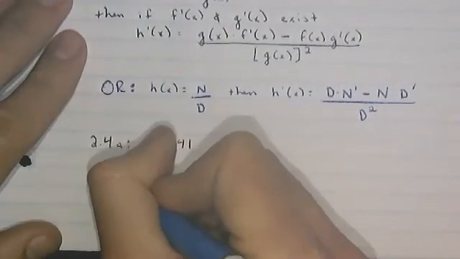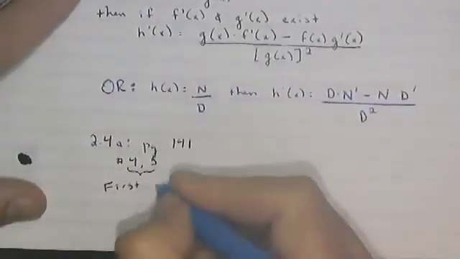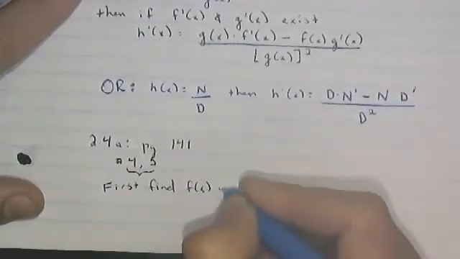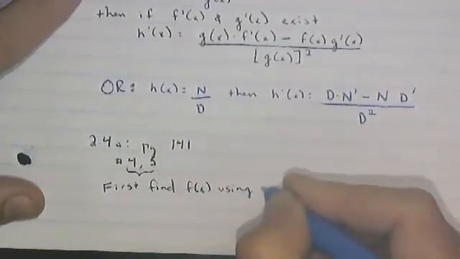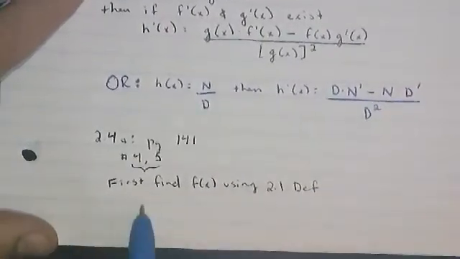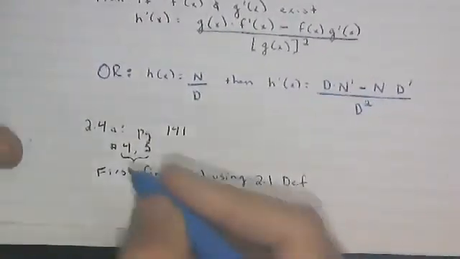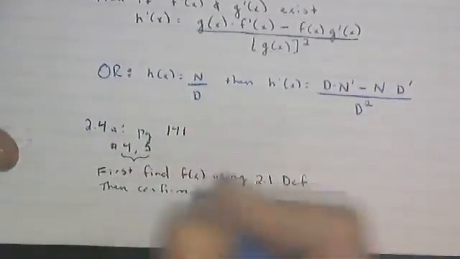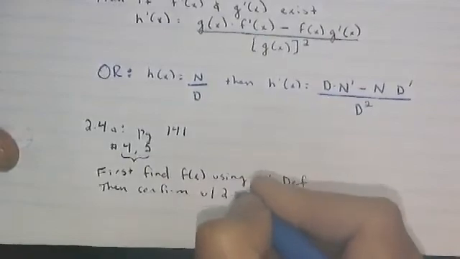First, find f prime of x using the 2.1 definition. So that's the limit. Then confirm with the 2.4 theorems.